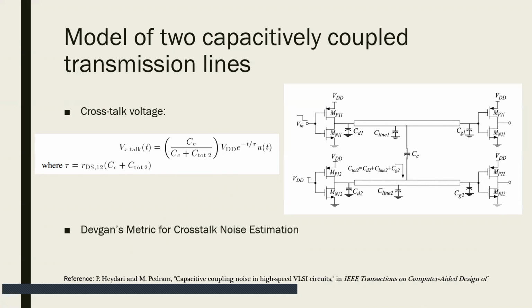Basically, it's a ratio of CC divided by CC plus C total, where C total is CD2 plus C line 2 plus CG2, basically all the added capacitance. And then there's a time decaying constant here that is also dependent on the circuit itself. The UT denotes the input response or step input.